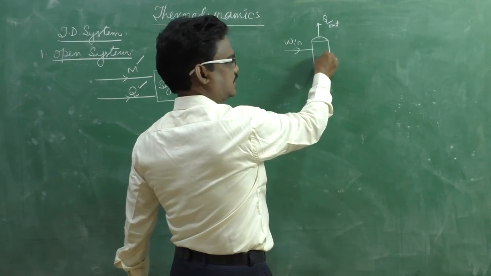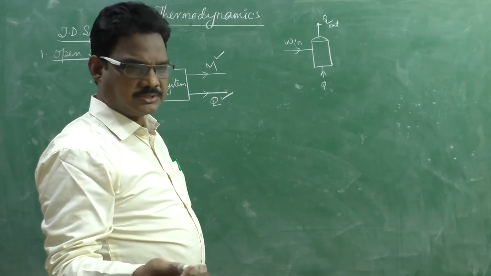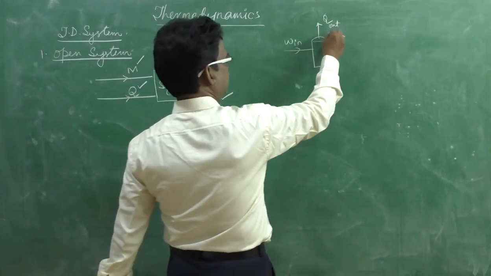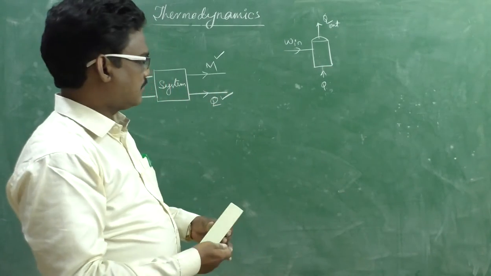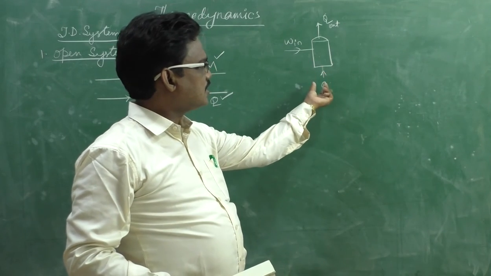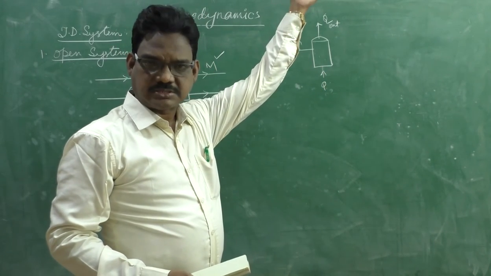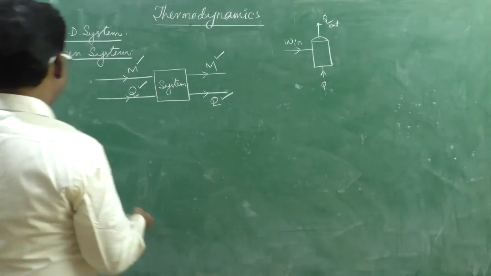After that, due to receiving heat energy, in the form of vapor the mass also comes out of the system. Therefore, mass and heat energy enter, and mass and heat energy come out of the system. Therefore, it is an open system.